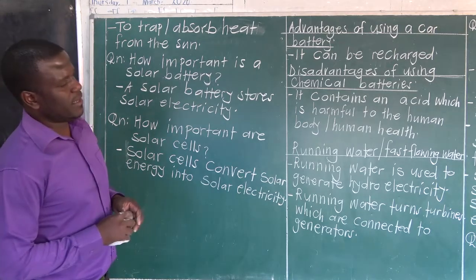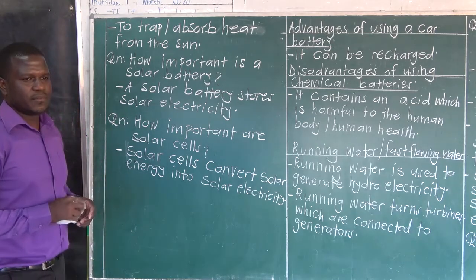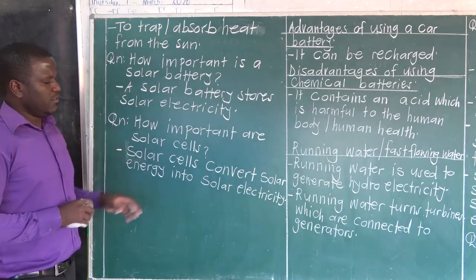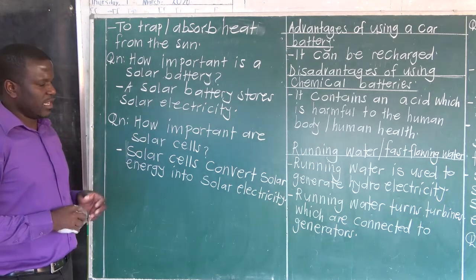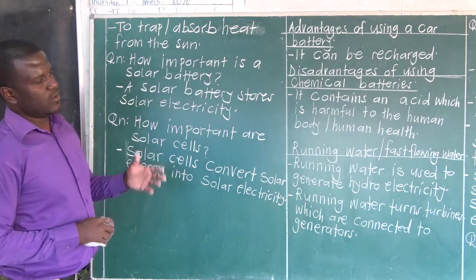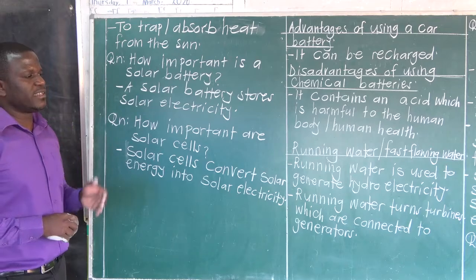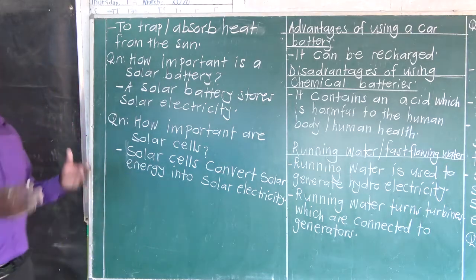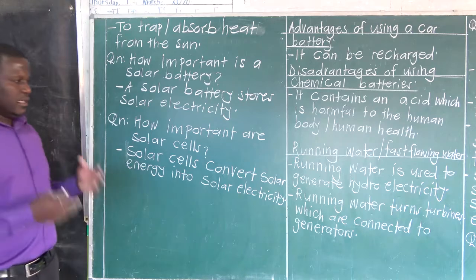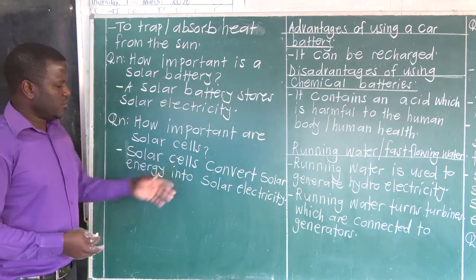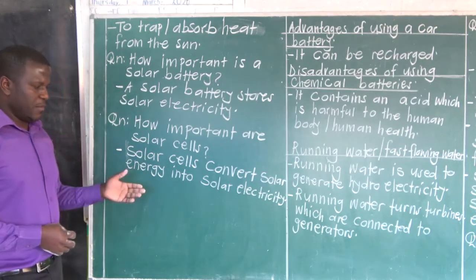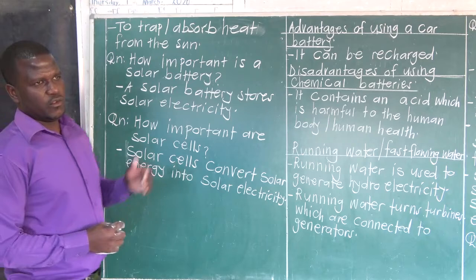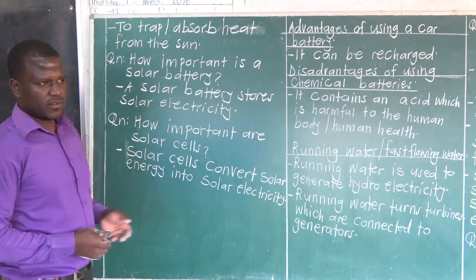Remember, we began by saying the sun is used to generate solar electricity, and we've learned how the sun can be used to generate solar electricity. So once you have a solar panel, you'll be able to get solar electricity. Maybe another thing you need to know is the uses of solar electricity.